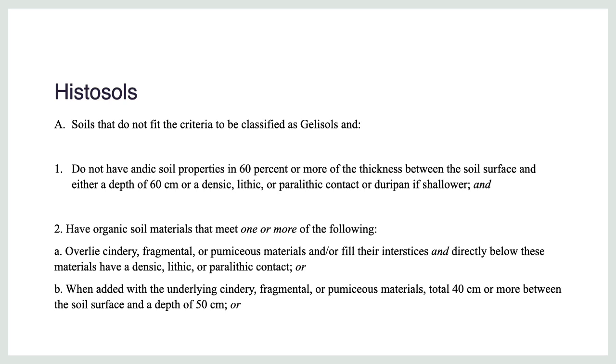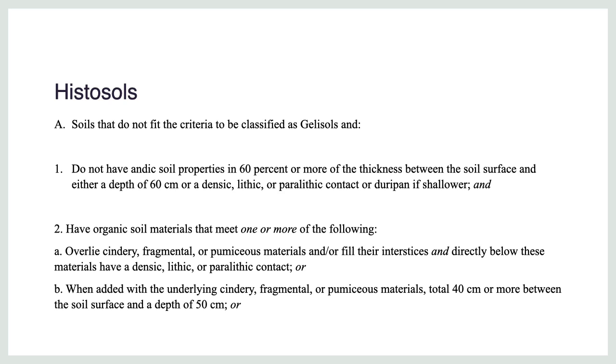This very high organic carbon layer should overlay any other kind of material, in different stages of weathering, like these pumiceous or fragmental materials, and they should fill their interstices, the voids or the pores, and be directly above or below materials such as densic, lithic, or paralithic contact, or when added with the underlying cindery, fragmental, or pumiceous materials, organic materials with different stages of decomposition.